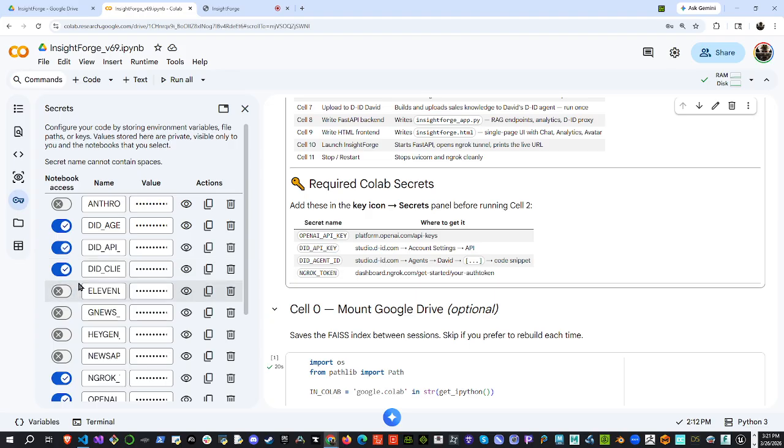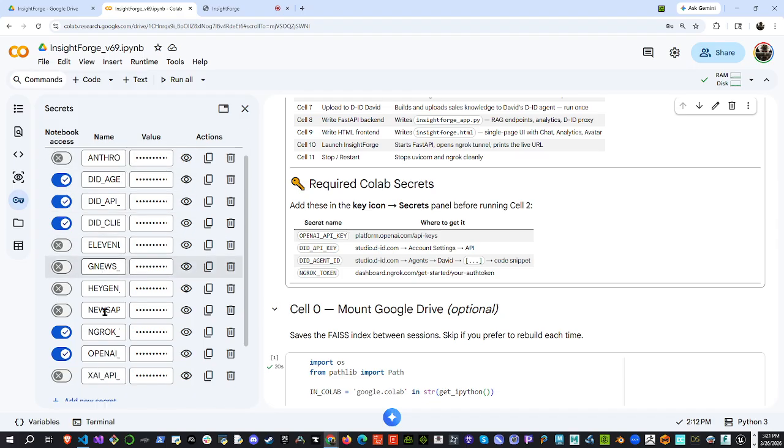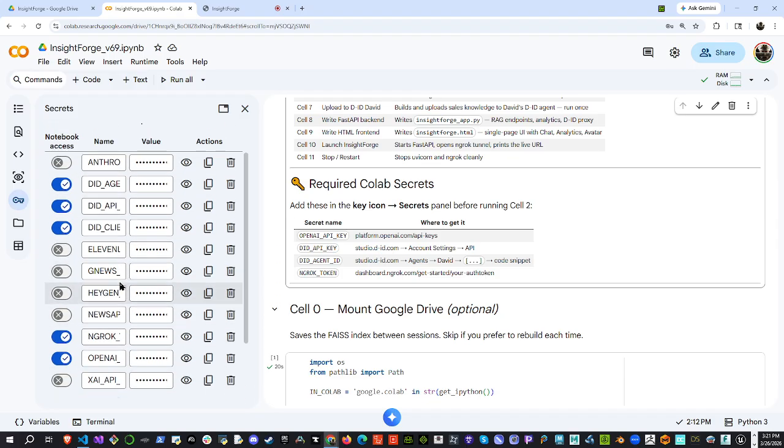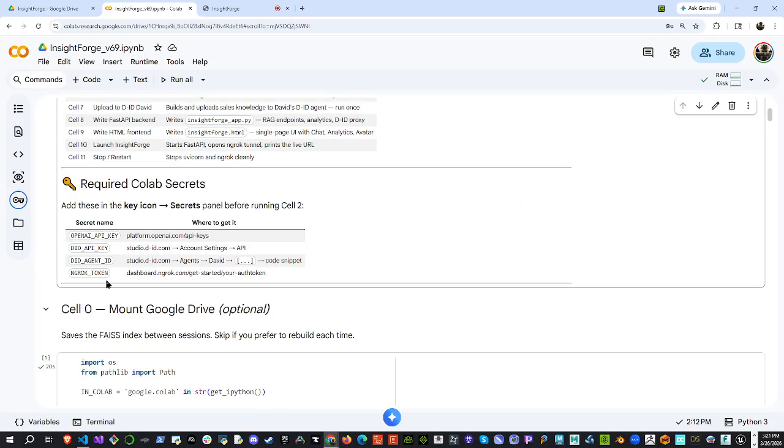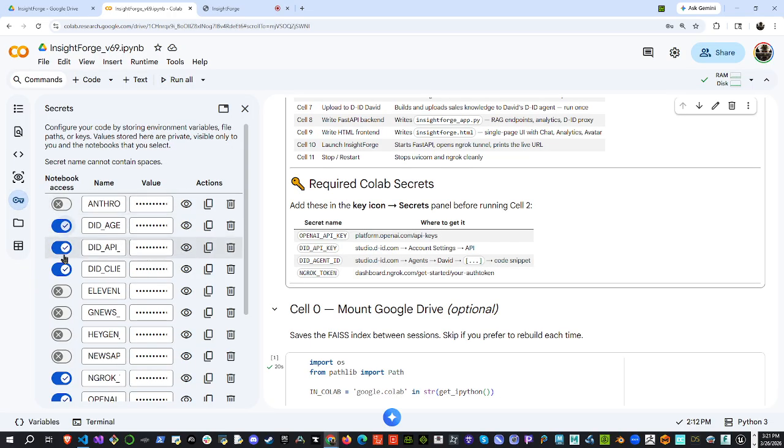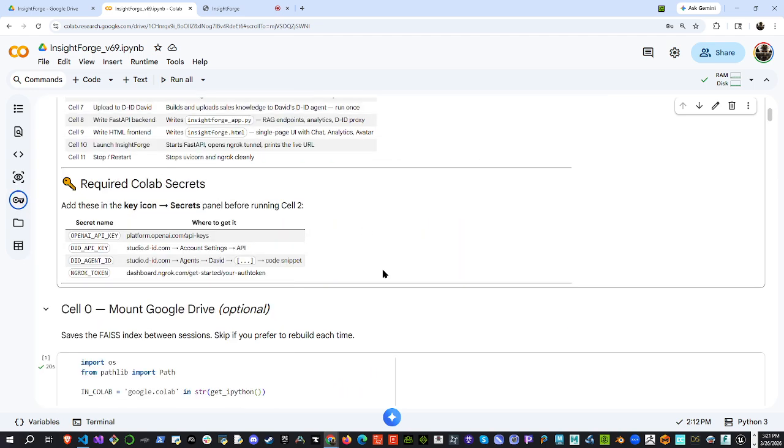Now, there are ways to do that where you create a certain type of file off to the side with your Python as well, but it works really nicely with Google Colab. Although I did find sometimes it was a little hard for it to remember the secrets. I'd get later in the cells, and I might have to tell it to go back and look at it again. And if you notice, some of these are blue. I've set these for notebook access so that it doesn't have to ask me for permission to run it.